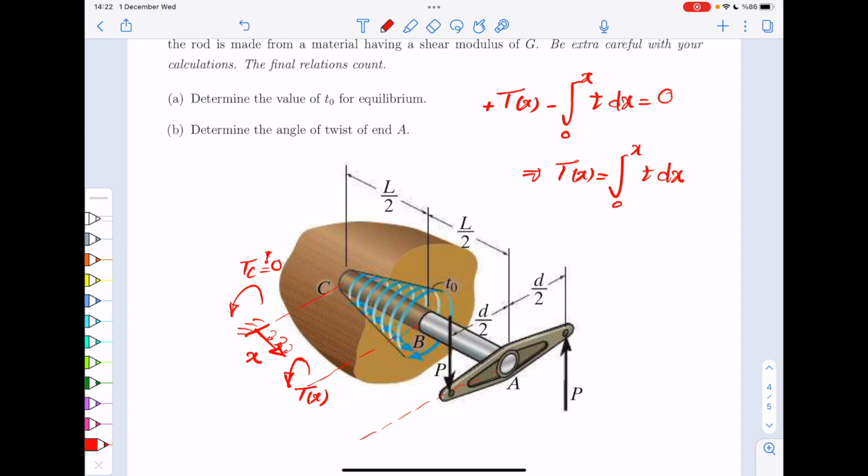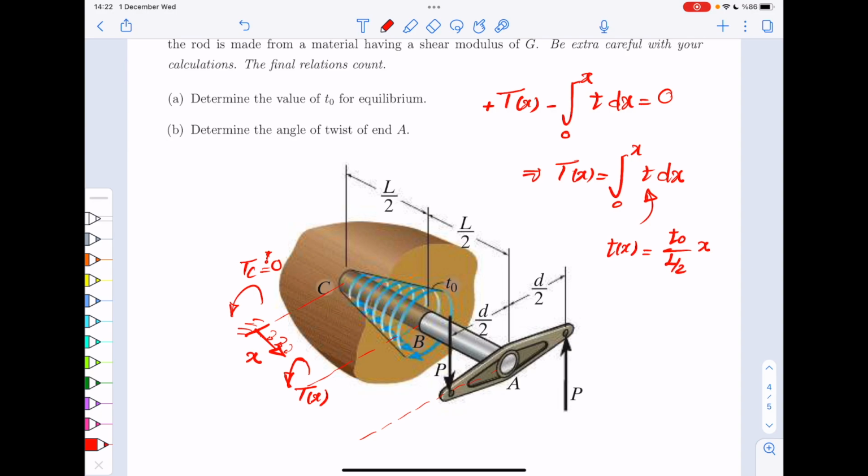Now, what is this T? You see, it's a linear distribution from 0 to L over 2. So T as a function of x is the slope of that line times x. The slope of the line is T0 divided by L over 2 times x.